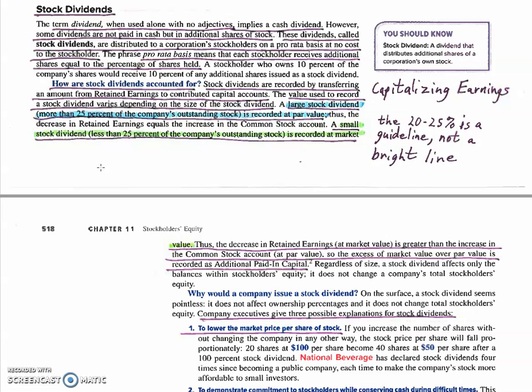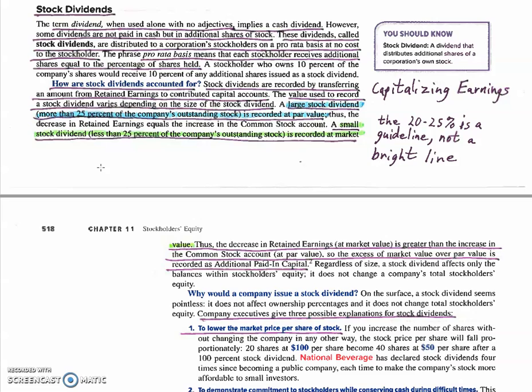So I was explaining the net effect of a stock dividend is to transfer amounts, not really transferring money, but just to transfer an amount from retained earnings into contributed capital accounts, common stock, and additional paid-in capital. We do that by declaring the dividend.